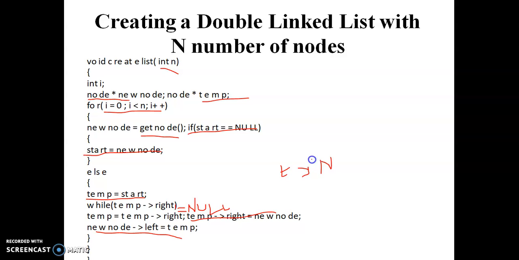So we are making these two directions of pointers. Every time you add a node in a linked list, we need to update both the right pointer and the left pointer. For each and every node you need to mention the right side node and the left side node of the current node. Then only it forms a double linked list.